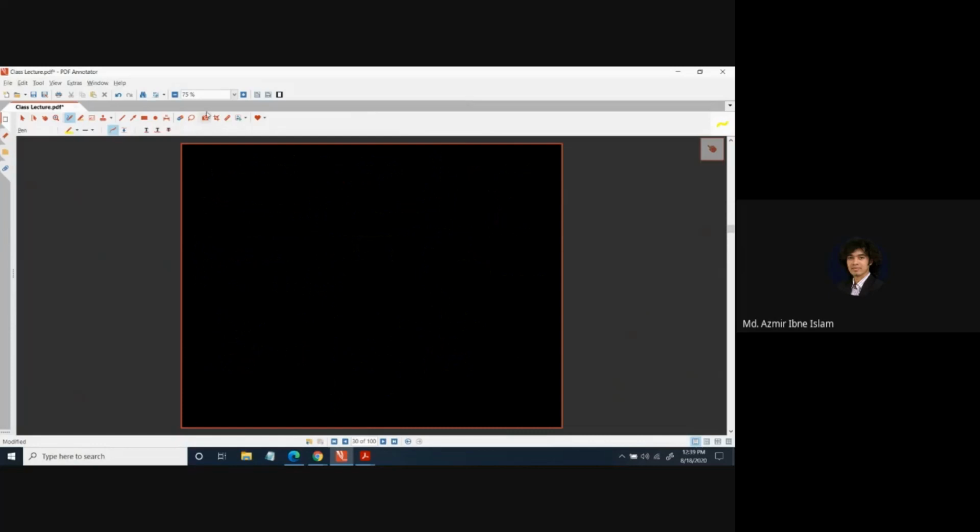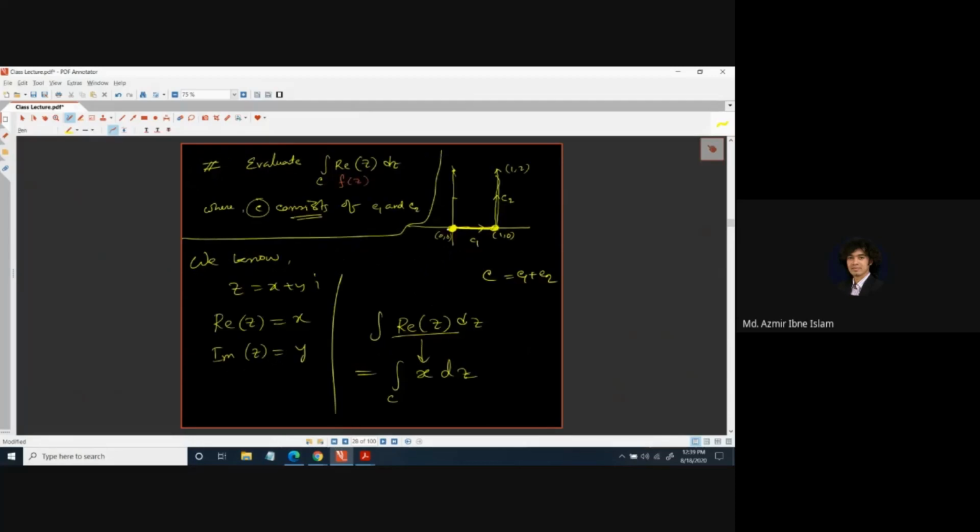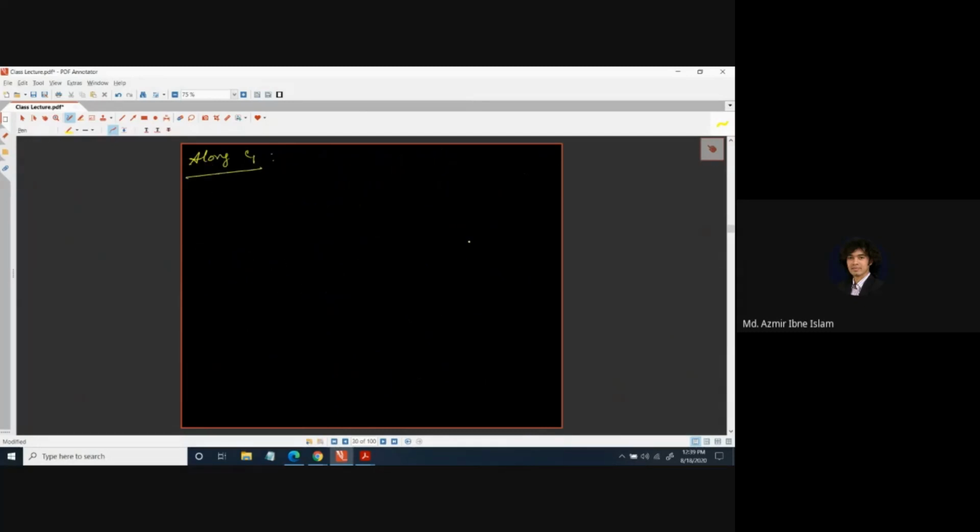So let's find C1 at first. So along C1, you can see the points: the lower limit is 0, 0 and the upper limit is 1, 0. So 0, 0 to 1, 0. Let's figure out the values. x equal to 0, y equal to 0 for the first point. And here x equal to 1, y equal to 0 for the second point.